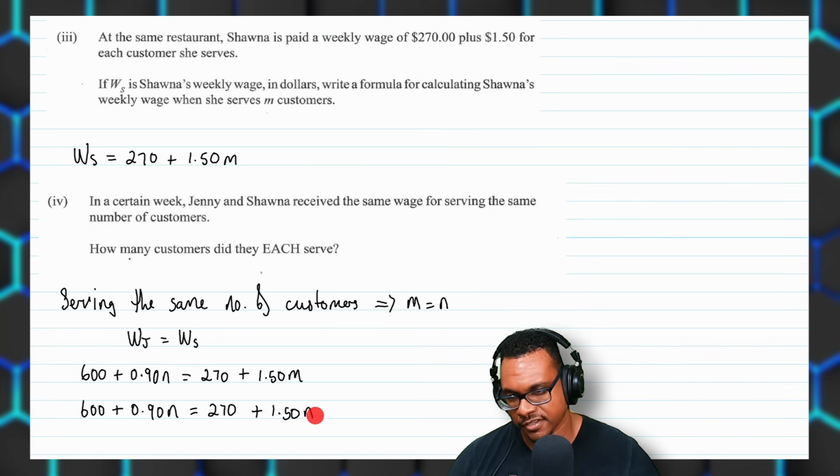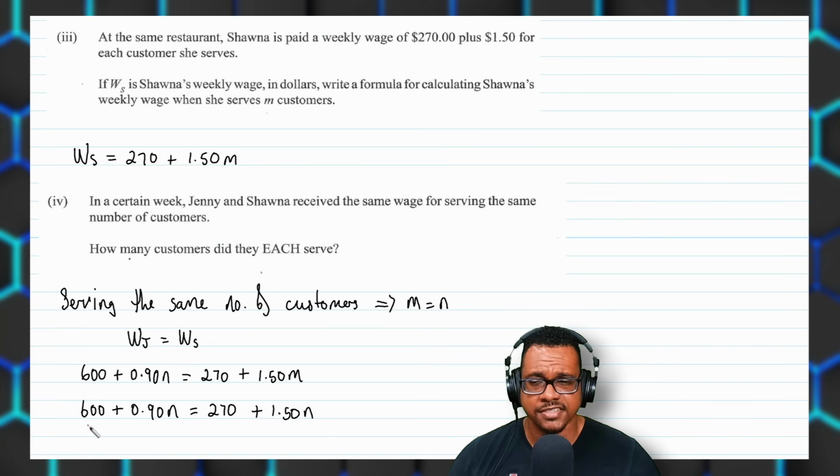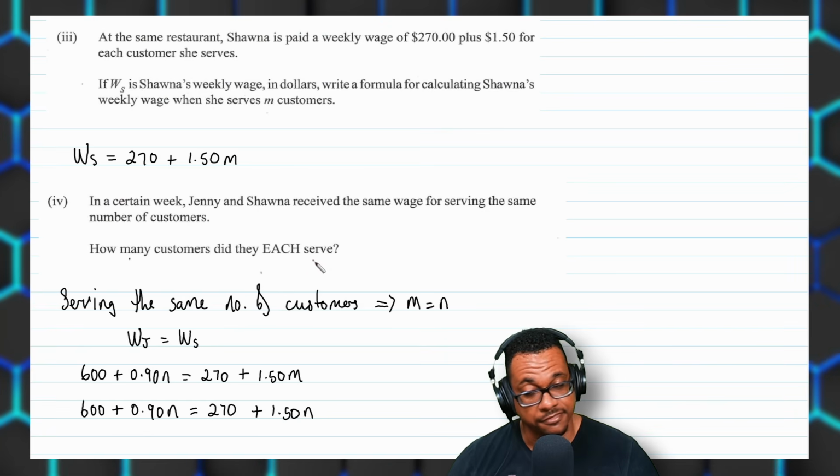So N is the number of customers. Now this is just a simple equation to solve to find the value of N, which is how many customers they each served. So I'm just going to write over this line on top here.